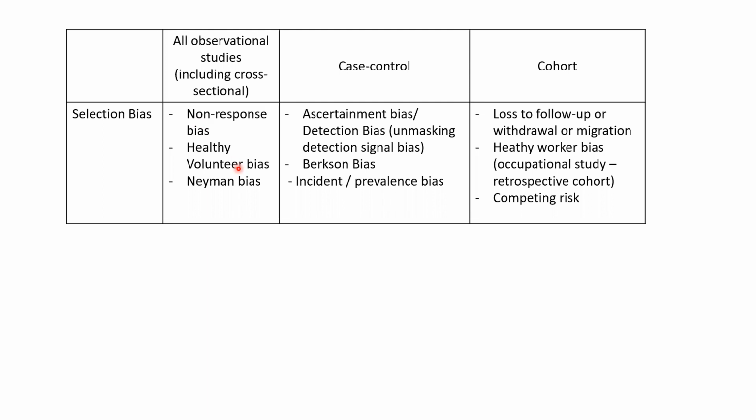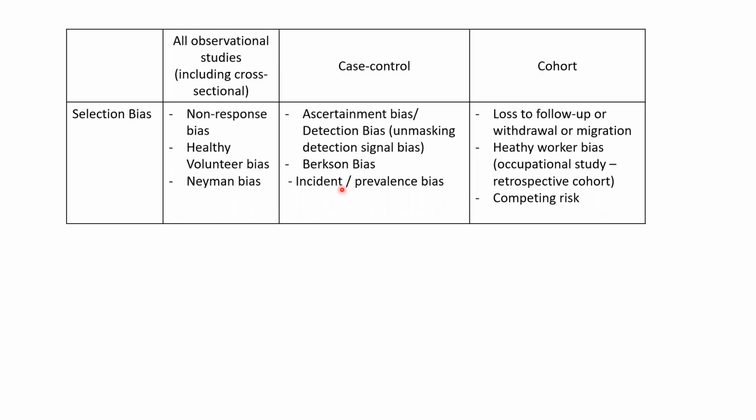I make flyers, put them on the FHS, asking for volunteers. Most probably people who volunteer are healthier or non-obese people. So I would have an underrepresentation of obese people in my sample. That would be a consequence of the healthy volunteer bias, that people who volunteer are usually healthier.